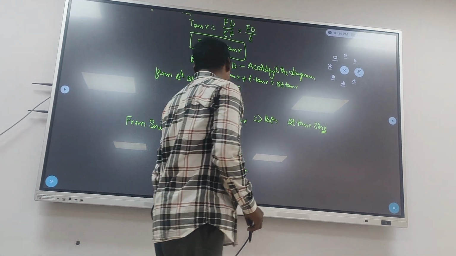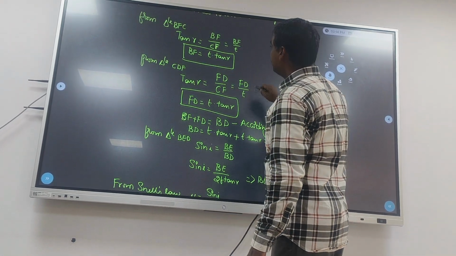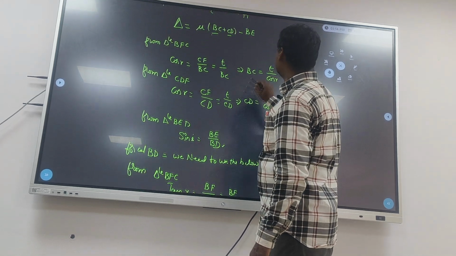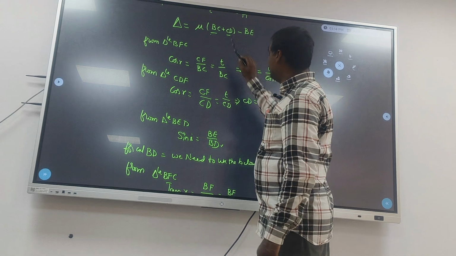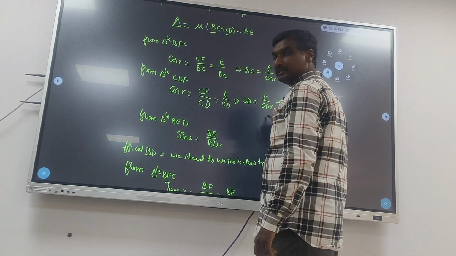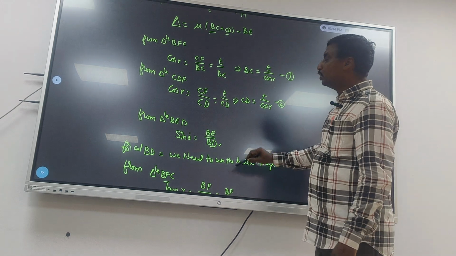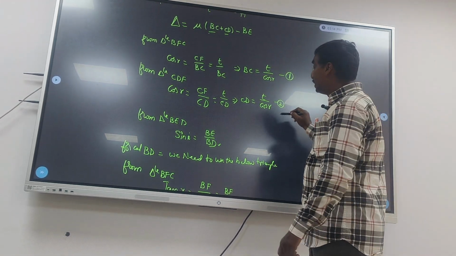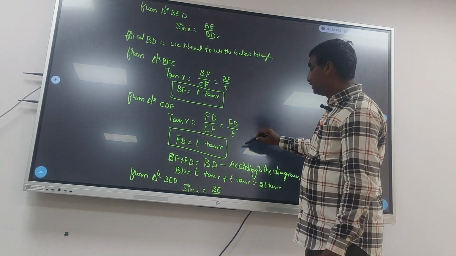So now we have three values. First value is BC value. What is BC? BC is equals to t by cos r, and second value is CD. CD is equals to t by cos r, and BE is equals to 2 mu t tan r into sin r.